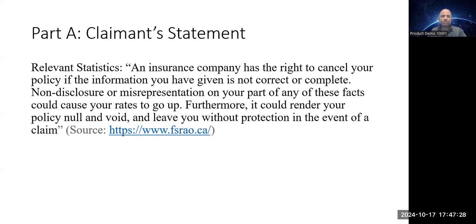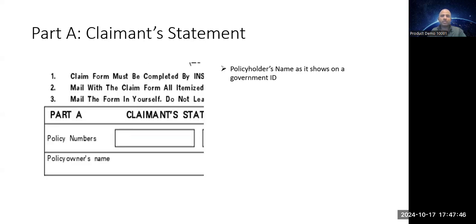Any misrepresentation on your part could cause your rates to go up. It could also render your policy null and void, meaning the insurance company can cancel your policy and leave you without a claim.